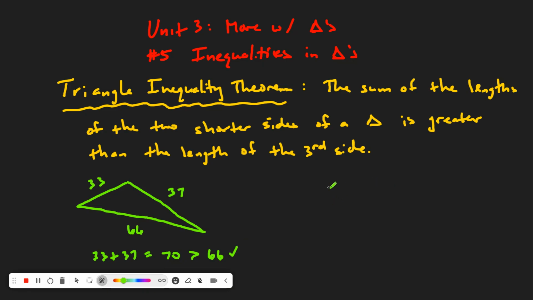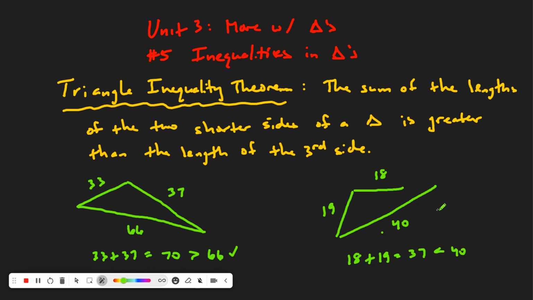Now let's look at this over here. I purposely did not close this triangle. So we're going to let this side be 19, this side be 18, and this side be 40. Now if we add up the two smaller sides, 18 and 19, we get 37. And this is smaller than the third side, 40.